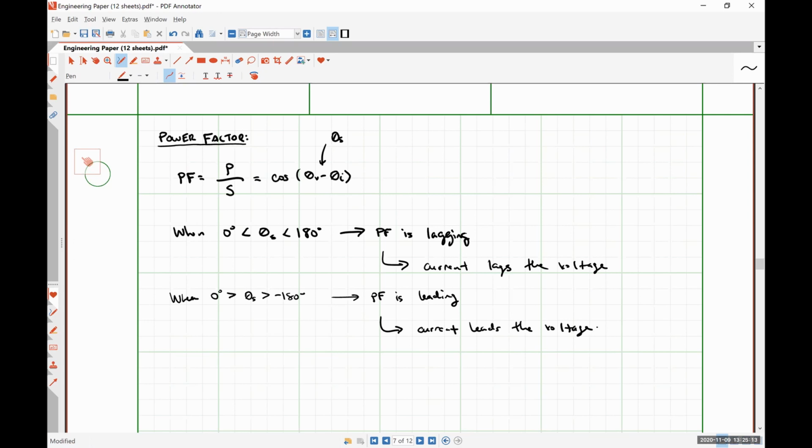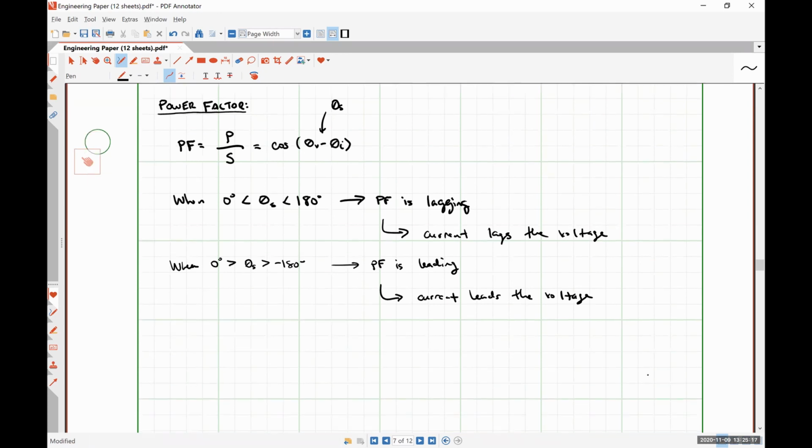And there is a handy dandy mnemonic device for remembering these relationships called ELI the ICEman. So how this works, L is representative of inductance.